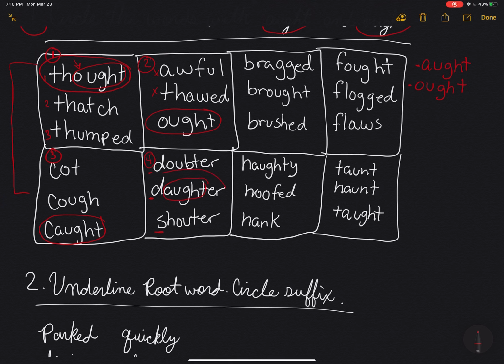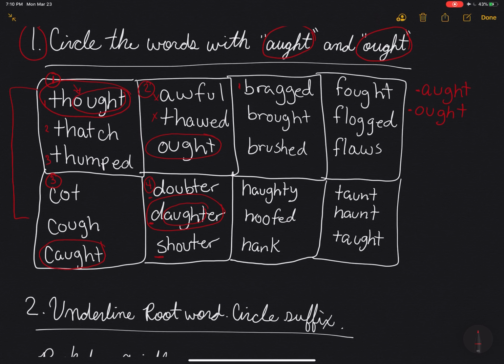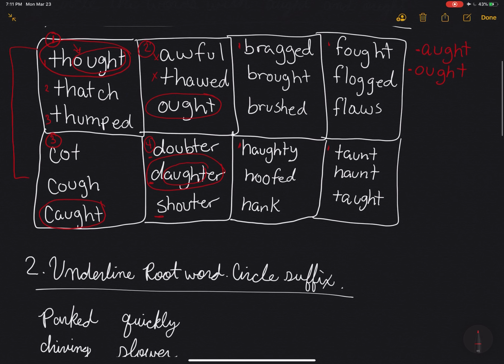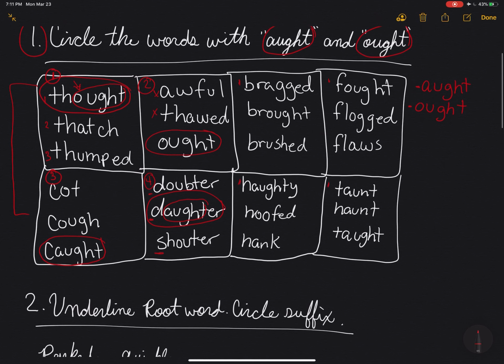So this wants you to circle it. It wants you to do it for each of these sections. Find O-U-G-H-T or A-U-G-H-T and circle the word. There will be one word circled per each square. Okay? That's section number 1.